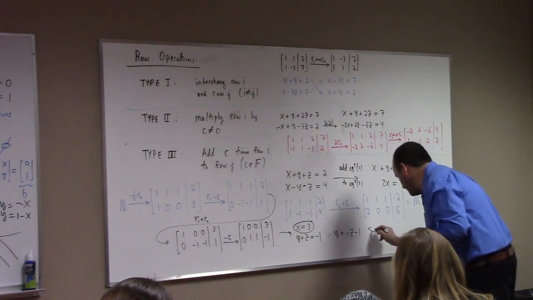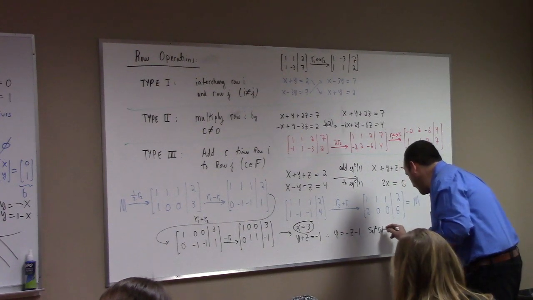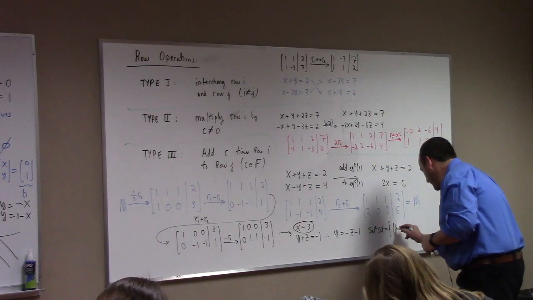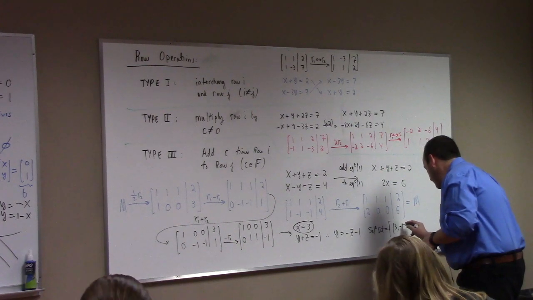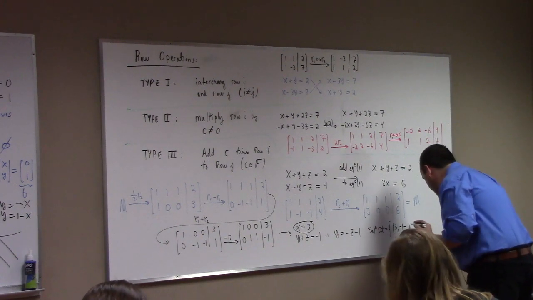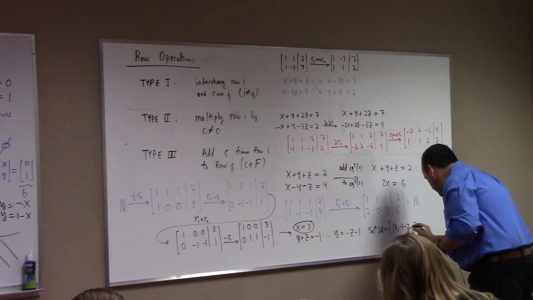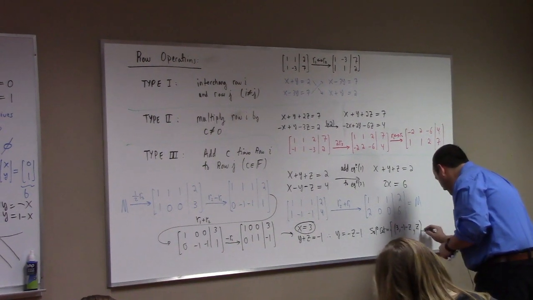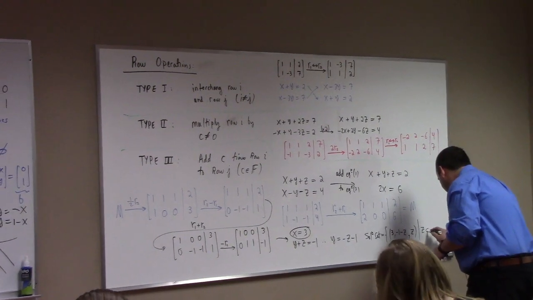So the solution set, in this case, would be (3, minus 1 minus z, z). Let me write it so it's easier to see, such that z is what?